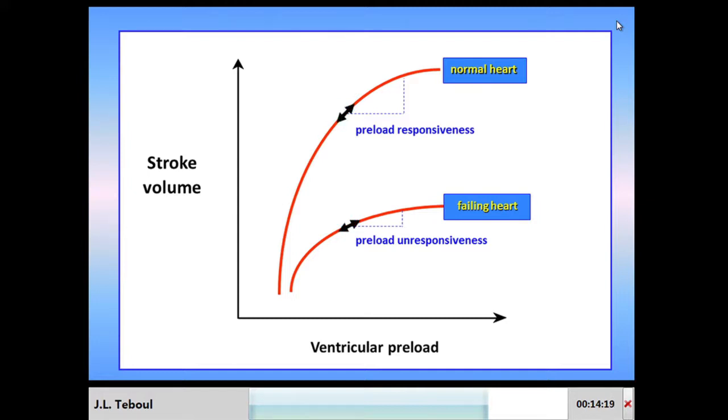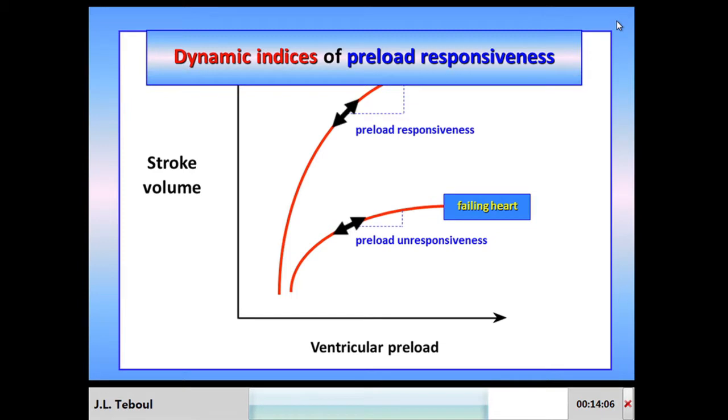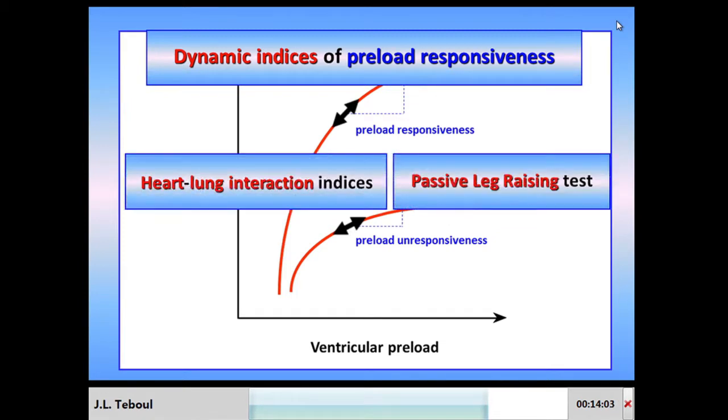In fact, a dynamic index is something which can tell you about the slope of the Frank-Starling curve at the time you decide to give some treatment. So we have some dynamic indices of preload responsiveness, which could be either passive leg raising, because this is a test: you increase preload by raising the legs and you test the response in terms of stroke volume, or heart-lung interaction indices in patients with mechanical ventilation.